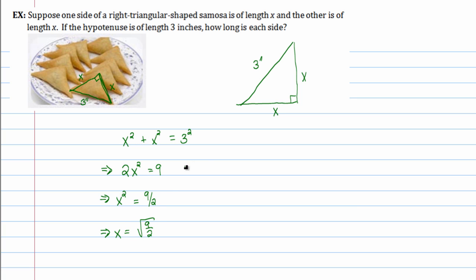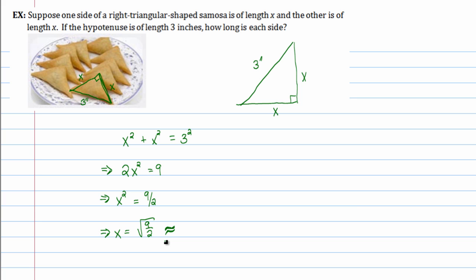The fact is that we're talking about x as a length, so I'm only worried about the positive value of x. So this will end up being roughly, if I grab a calculator, because we haven't discussed how to simplify radicals yet, and that wasn't a prerequisite for this discussion.